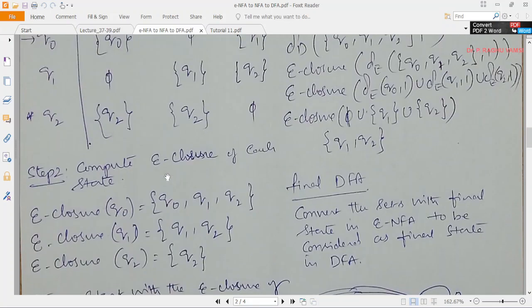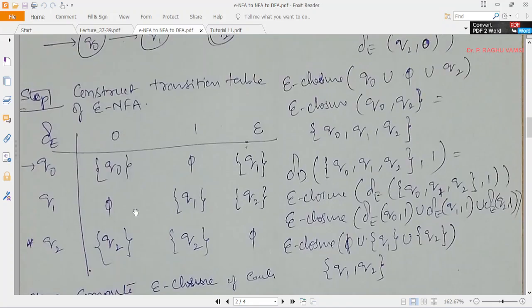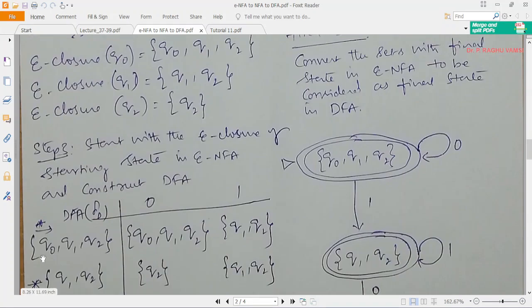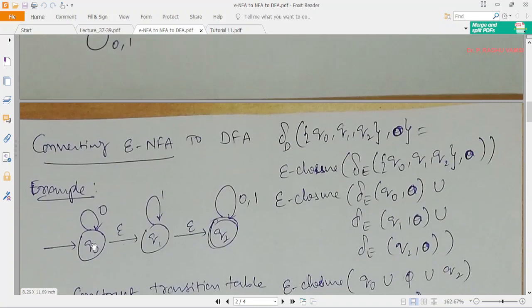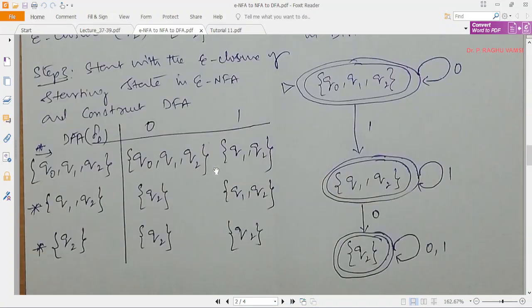We start with the epsilon closure of the starting state. What is the starting state here? Q0. The epsilon closure of Q0 is Q0, Q1, Q2, and we'll consider this as the starting state. Now, the procedure of constructing the DFA is like this. For δD of Q0, Q1, Q2, we need to fill this particular transition table.